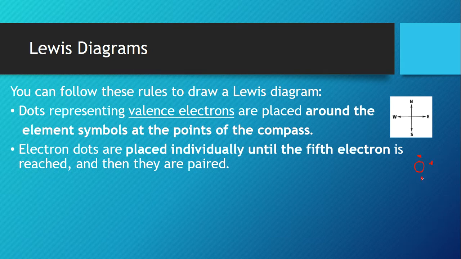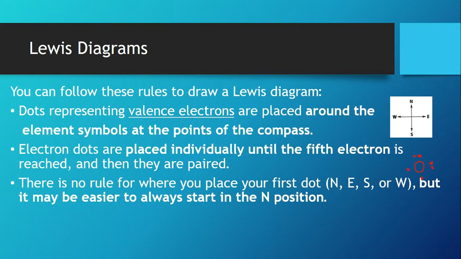These are not great dots, but you get the idea. There's a third and a fourth, but we know oxygen is in group 16, so it's going to have 6 outer shell electrons. So I've done 1, 2, 3, 4. I've got to start pairing them up. 5 and 6. So there you have it. That is what oxygen's Lewis dot diagram looks like.